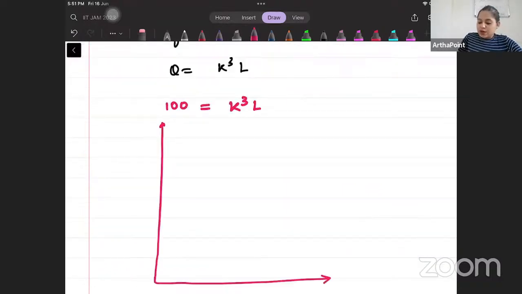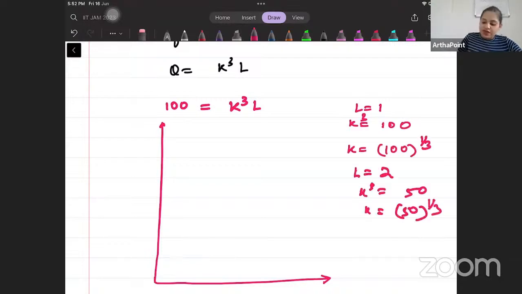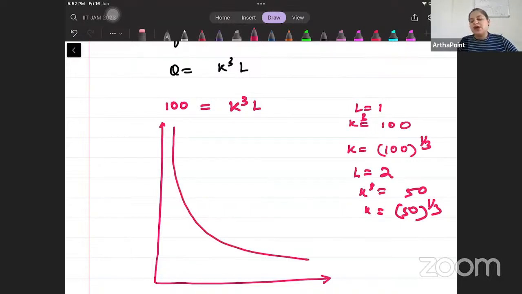So let's say that L is 1. Then K cube will be 100. So K will be 100 to the power 1 by 3, and so on and so forth. So when you plot it, you will get a well-defined isoquant. So this is how you can plot a well-defined isoquant.